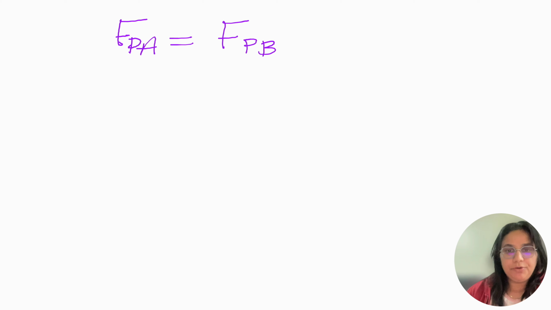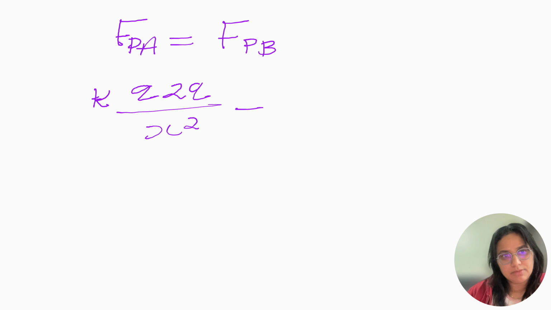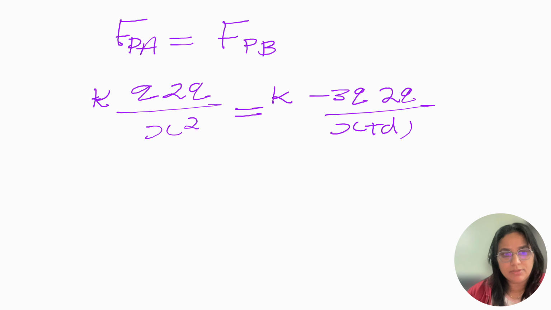That is, F due to q must balance F due to minus 3q. K into q into 2q divided by x square must be equal to K into 3q into 2q divided by x plus d whole square.